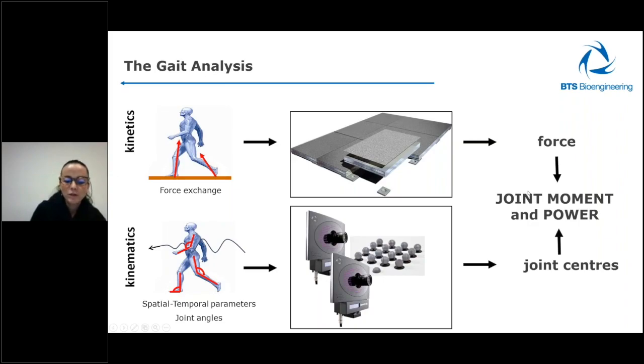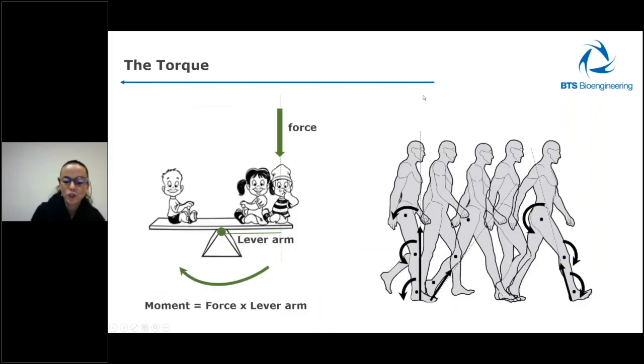Before going into the explanation of the joint moments during walking, I think it's useful to recall some theoretical concepts. The moment or torque that allows an object to rotate arises when a force is applied to a hinged body that is fixed and can rotate around a fulcrum.